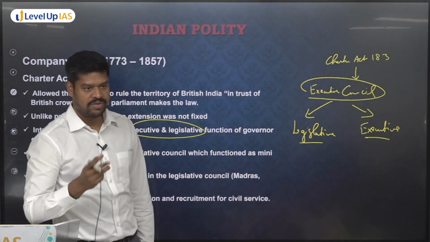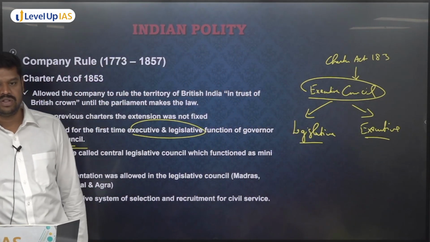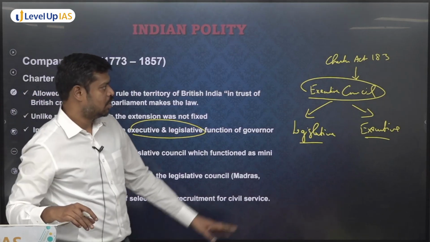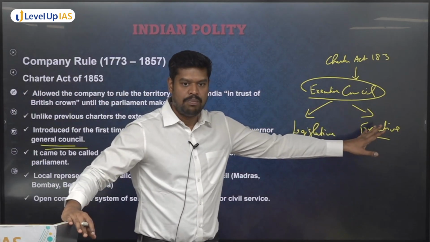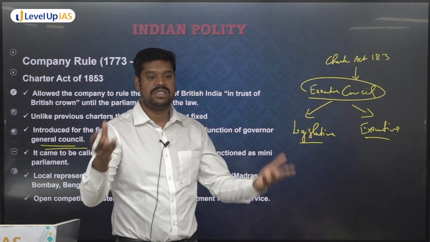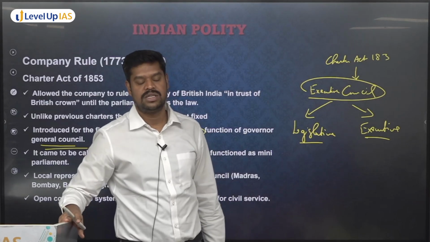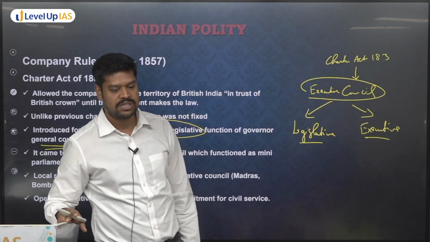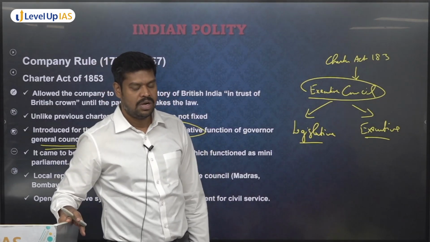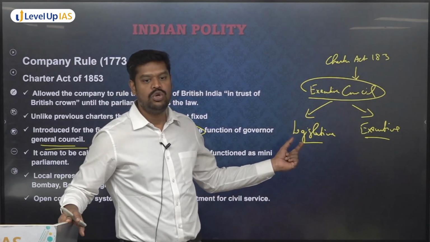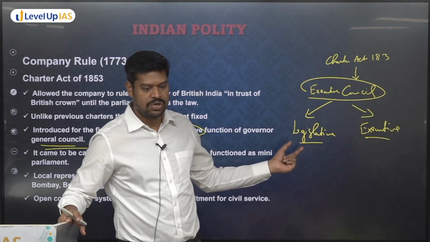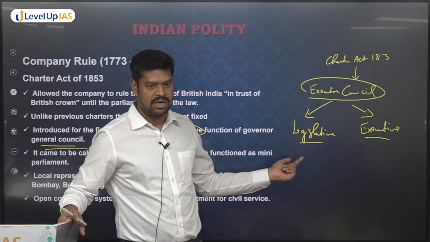This is what we have learned earlier. But now, for the first time in the Charter Act of 1853, it is not just that the Executive Council met separately, but the composition itself is different when they met for legislative functions and for executive functions. Earlier there was only one new member in addition, the law member, Lord Macaulay.